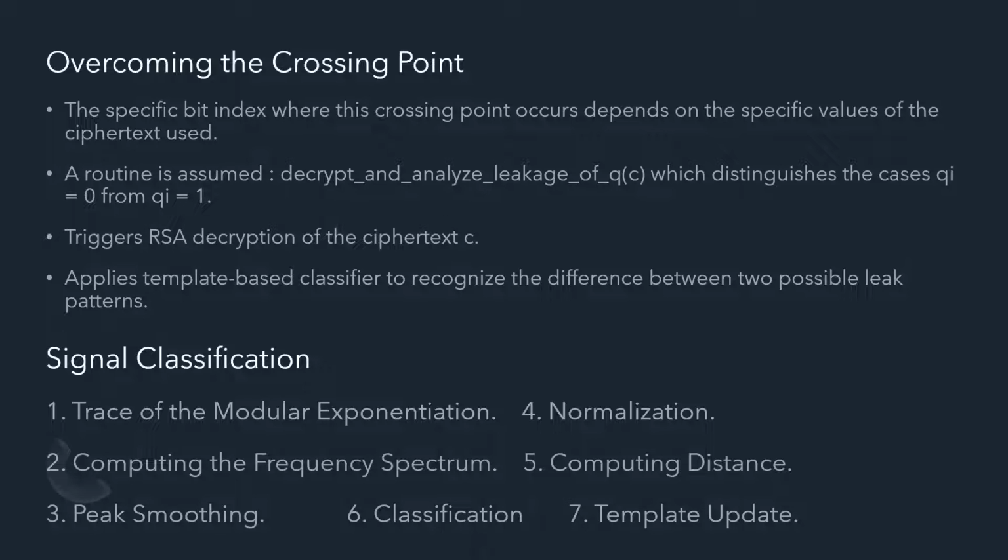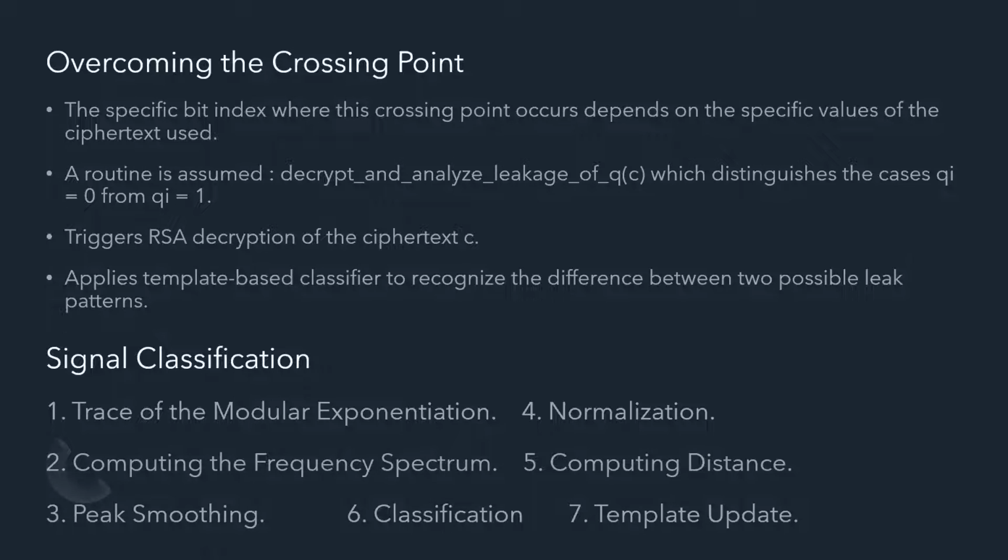The routine triggers an RSA decryption of the ciphertext C with the unknown secret key PQ on the target machine, measures the acoustic side channel leakage during decryption, and applies a template-based classifier to recognize the difference between the two possible leakage patterns created by the squaring and multiplication base case.